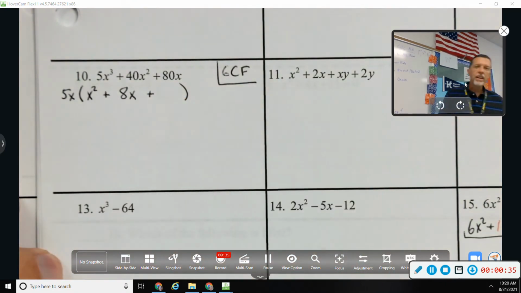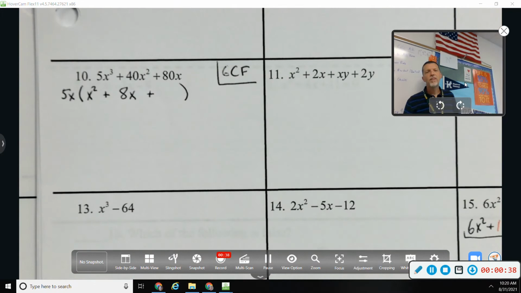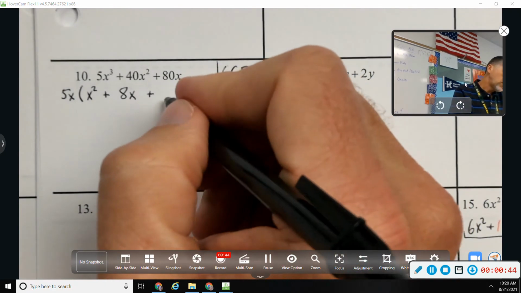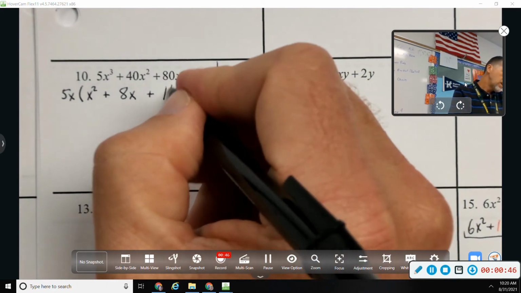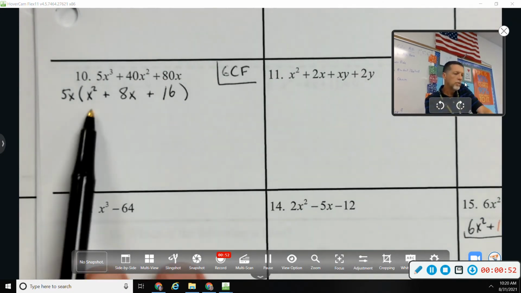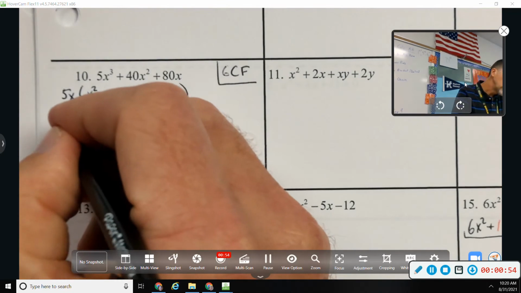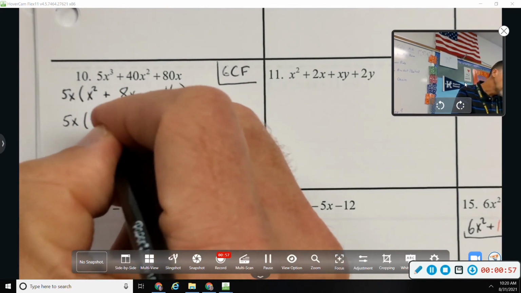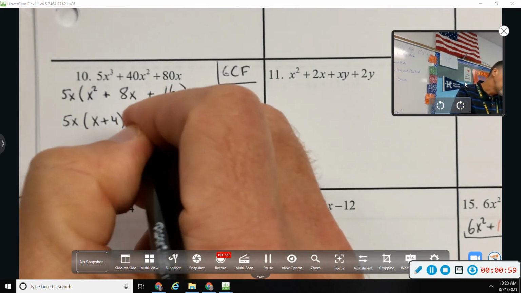Let's see, 80 divided by 5. I think that would be 16. And then this is a multi-step problem as well, because what's left will factor. x plus 4 and x plus 4.